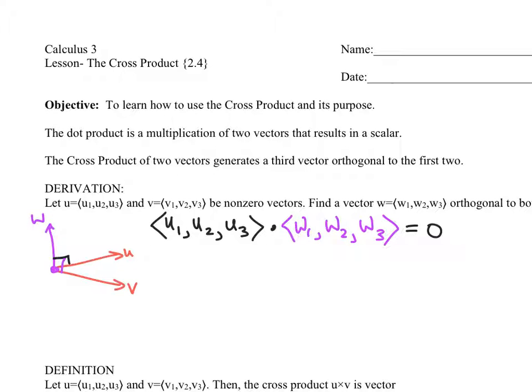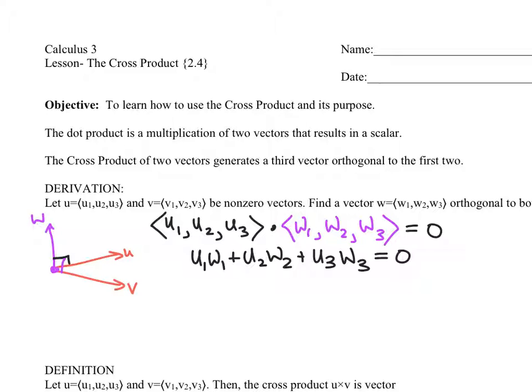One of the things we learned earlier is that if the dot product is equal to 0, the two vectors are orthogonal to one another. I can distribute this out using the dot product: U1 W1 plus U2 W2 plus U3 W3 is going to be equal to 0.